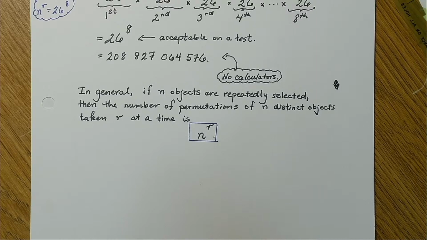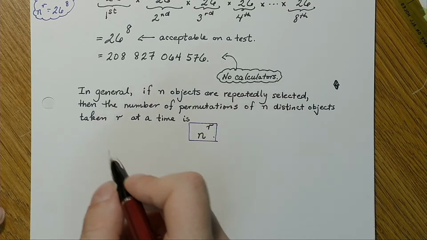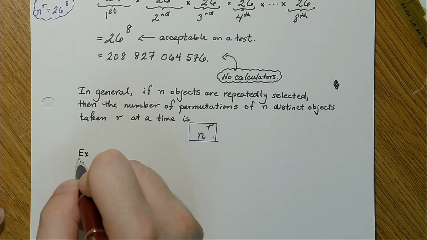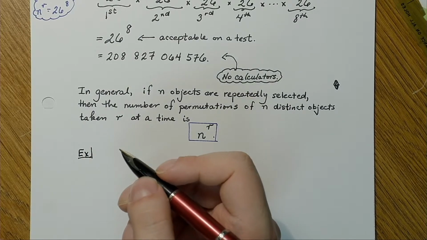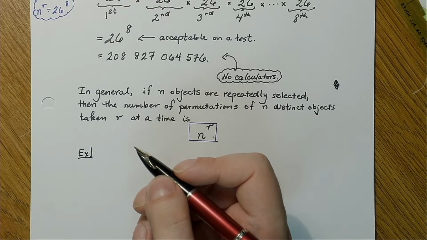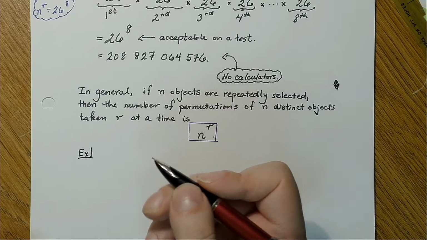Okay, so here's an example. If a light switch can be on or off, so it's not one of those dimmable ones, and there are 6 switches on the wall, what is the number of different configurations?